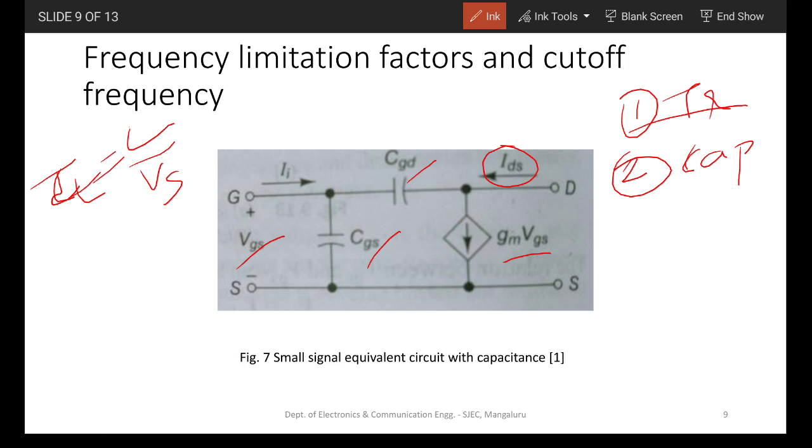If the capacitance charging time is the limiting factor, then the cutoff frequency ft is defined as the frequency at which the magnitude of the input current Ii is equal to the magnitude of the ideal output current gm VGS of the intrinsic transistor.